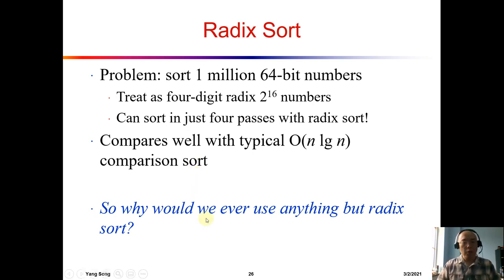So the question is, why do we not use Radix sort a lot? Think about this. There are a couple of issues. Let me ask you this: for the quick sort, do we put in any assumption? Well, no, right?